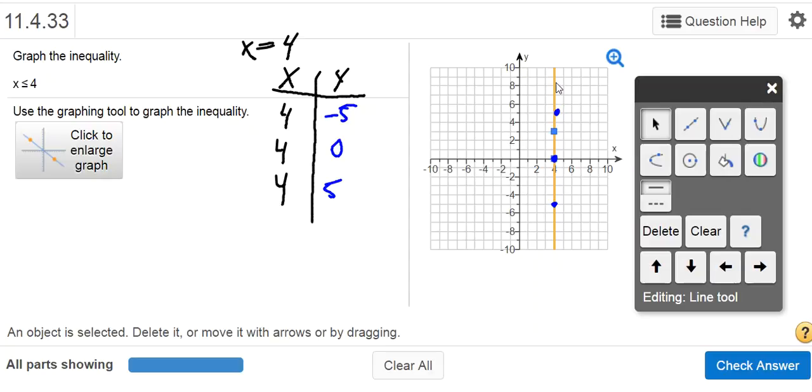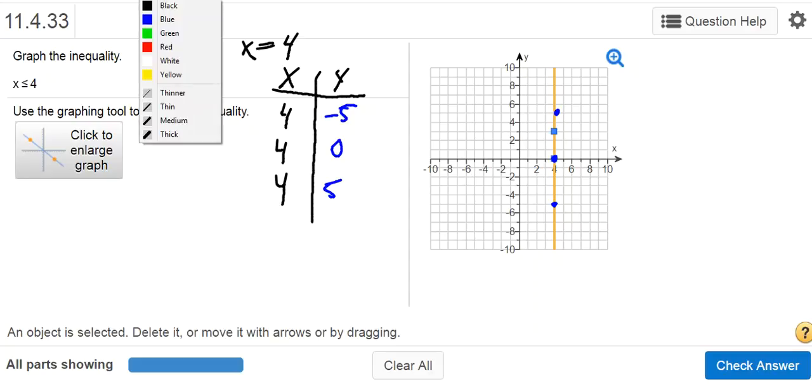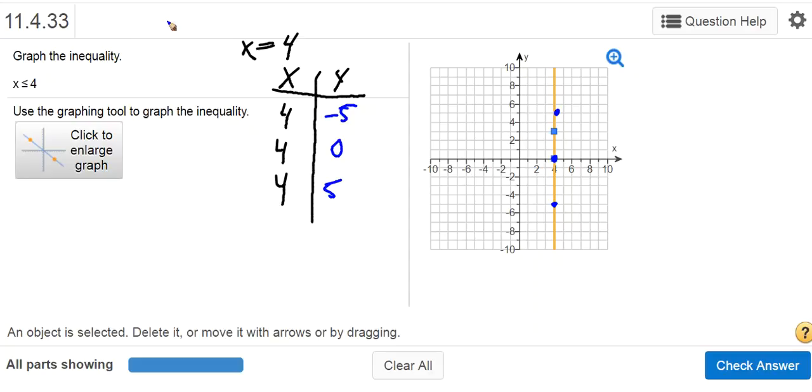Okay, so now that we've got our line, this is the boundary line. Which side has x values that are less than or equal to 4? Well, we can pick a test point. So I'm going to pick 0, 0.